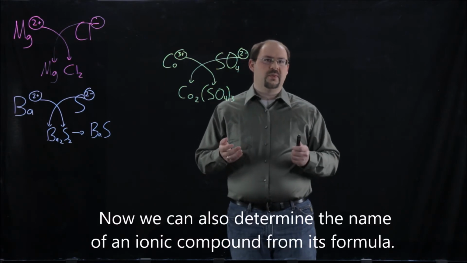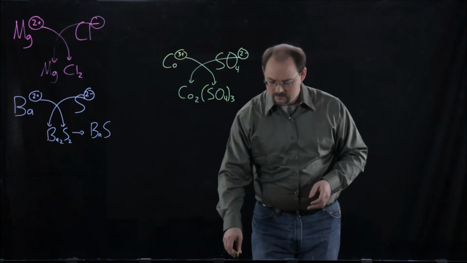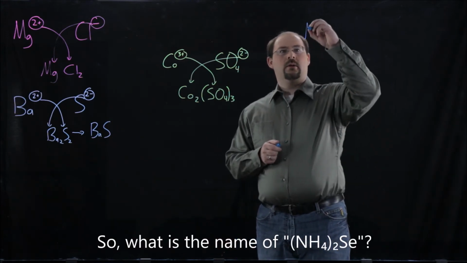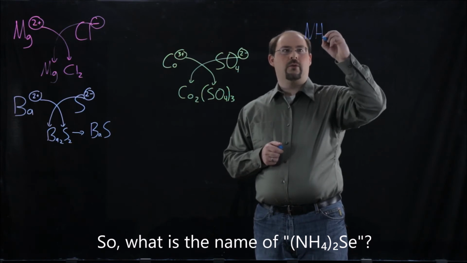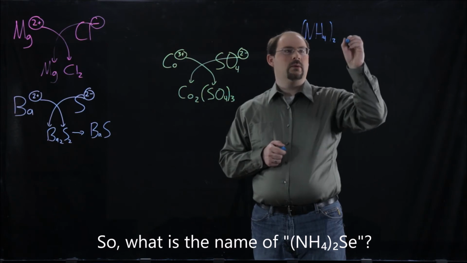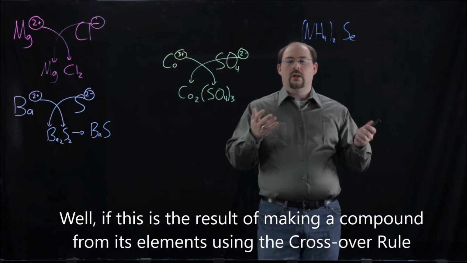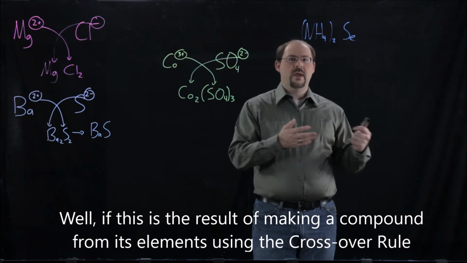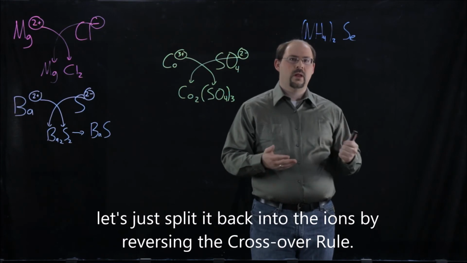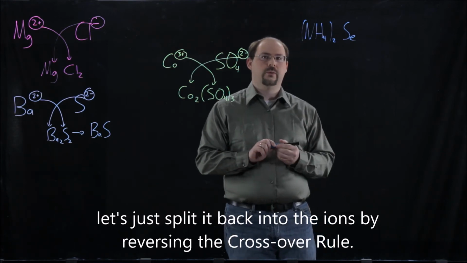Now we can also determine the name of an ionic compound from its formula. So, what is the name of (NH4)2Se? Well, if this is the result of making a compound from its elements using the crossover rule, let's just split it back up into the ions by reversing our crossover rule.